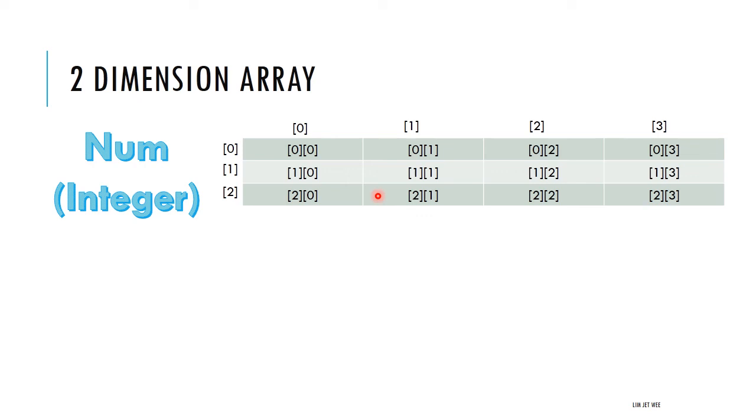Can we have three-dimensional? Yes, you can, you just keep on adding the number of indexes. But of course, the more dimensions you have for an array, the more confusing it gets. Why? Because you usually will have to keep track of where everything is.